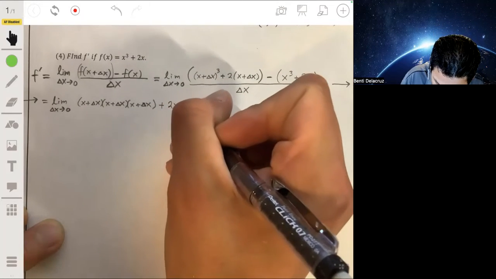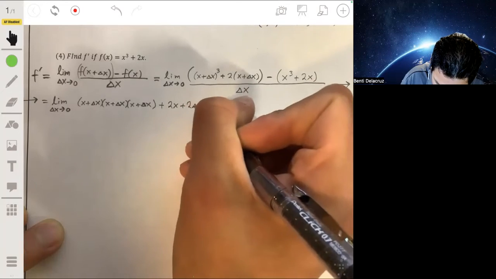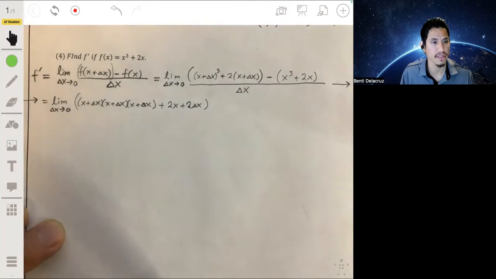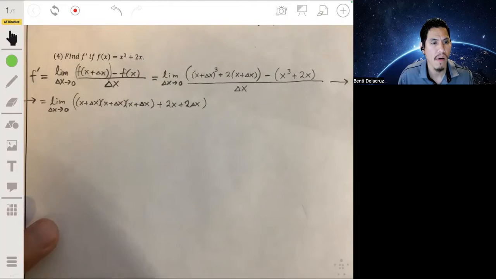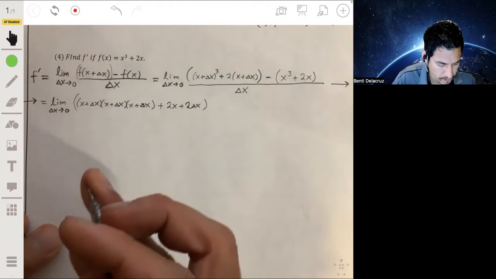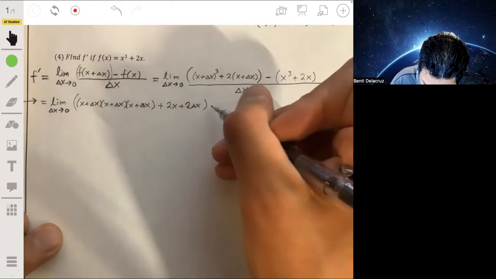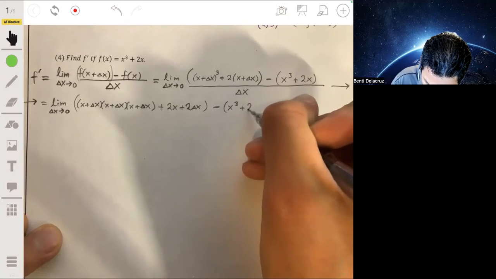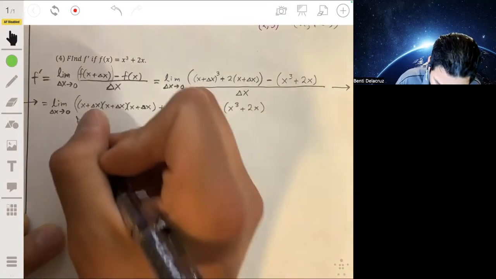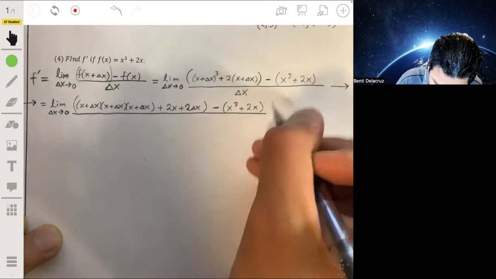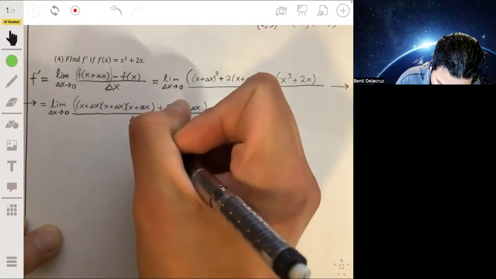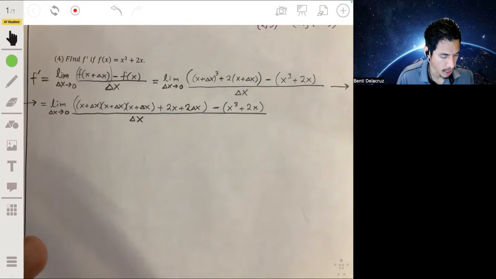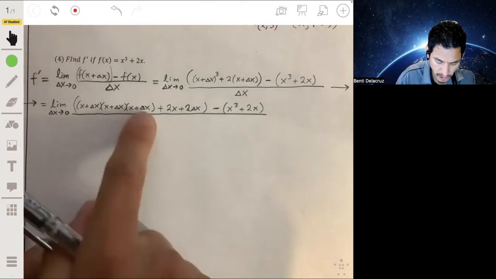So plus 2x plus 2 delta x. That whole thing is in that group. And we'll leave this outside parentheses still. We don't want to make a little mistake. These can be pretty tedious. All right. Now, multiplying this out.